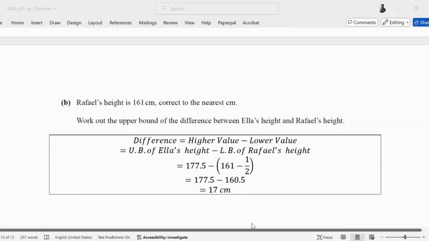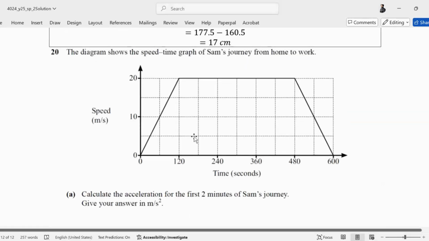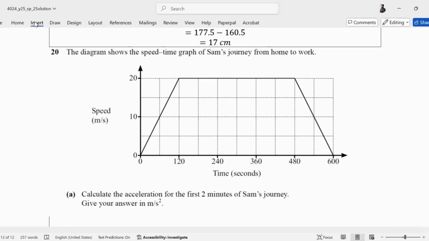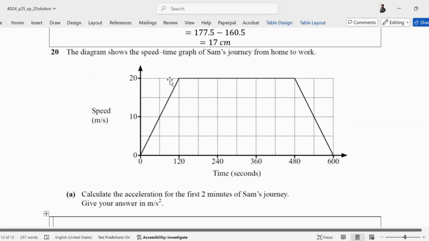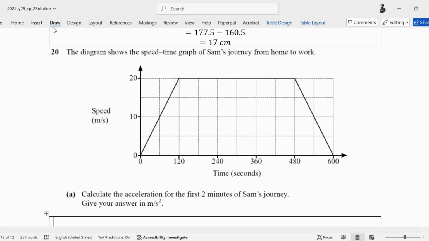Moving on to question number 20, which is regarding kinematics. The question has provided us with a speed time graph and it wants us to calculate the acceleration for the first 2 minutes. In a speed time graph, acceleration can be found by taking the gradient of the line. And for the gradient, I can take any 2 points.